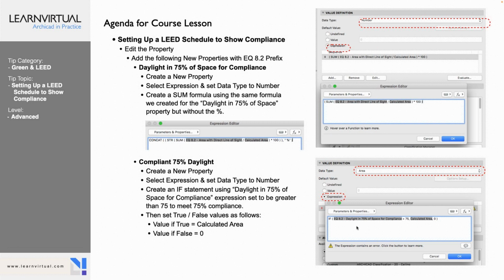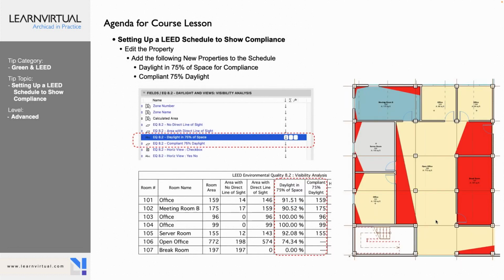Then we're going to do the compliant 75% daylight, and we're going to do that as area with expression. And if this up here, which is our daylight of 75% of space for compliance, is greater than 75, then what that means is that it will meet the compliance. If not, then it's going to calculate area and show 0. So let me show you what that means.